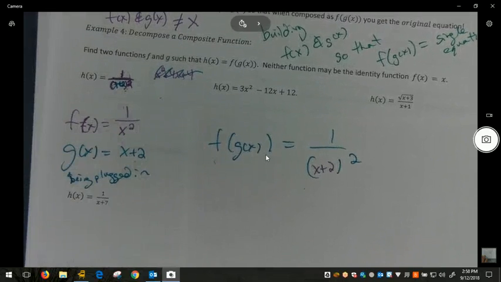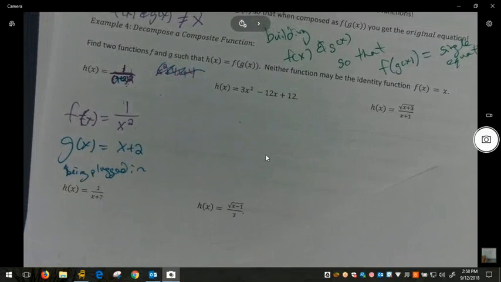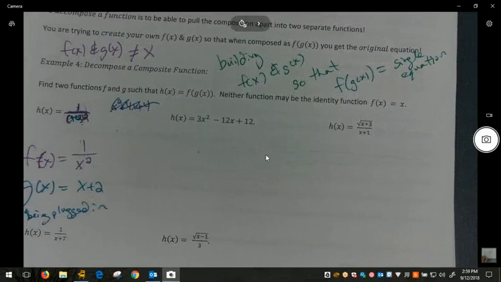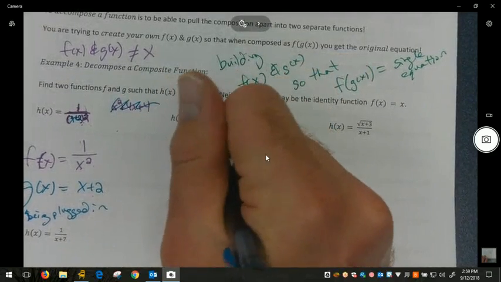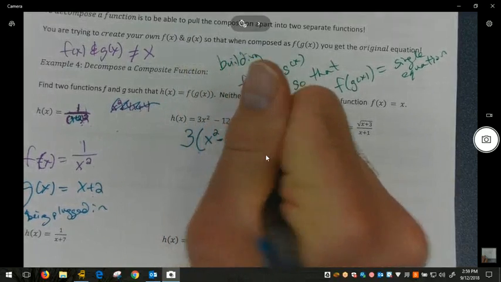There are some other things that you could have come up with to make this work, but this is probably the simplest one. When we have something like letter h, which is a polynomial function, the very first thing I always try to do is factor it, because that can often help. So I've got 3 times x squared minus 4x plus 4.